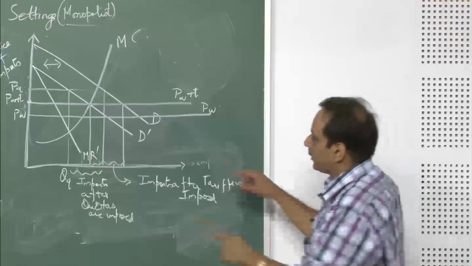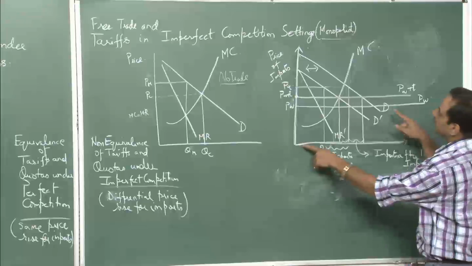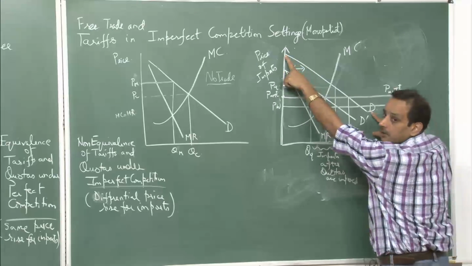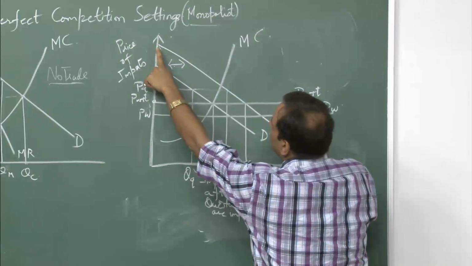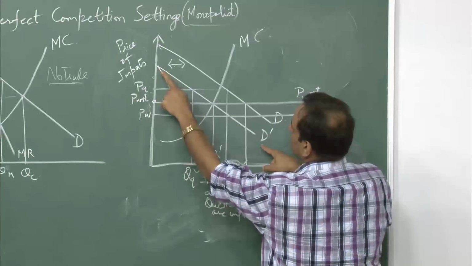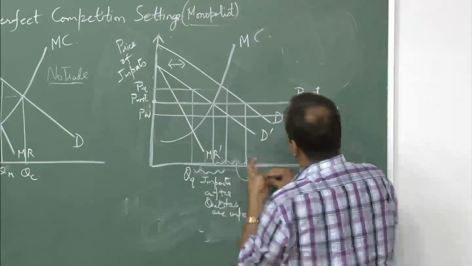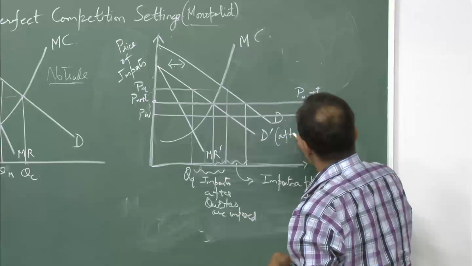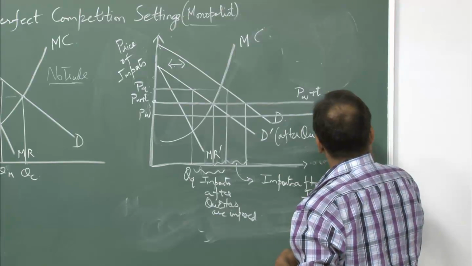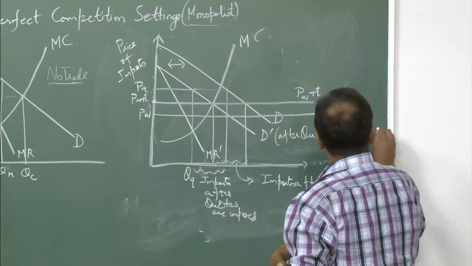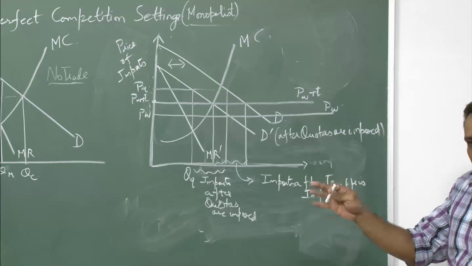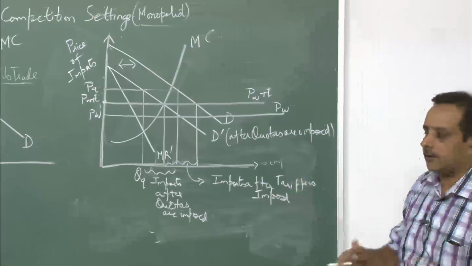Now this is depicted here in this diagram. You had this demand curve, this was the local demand curve. Now once quotas are imposed and your imports get restricted, then the demand curve after quotas are imposed is this. So this country imposes quotas and you have a monopolist, it restricts imports.